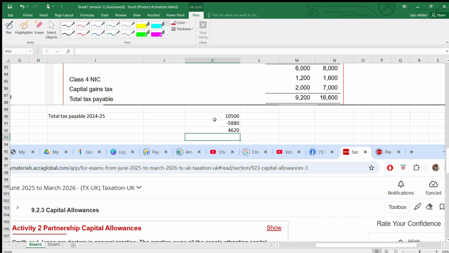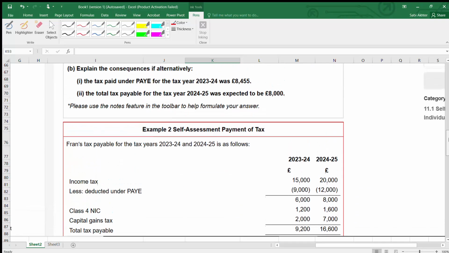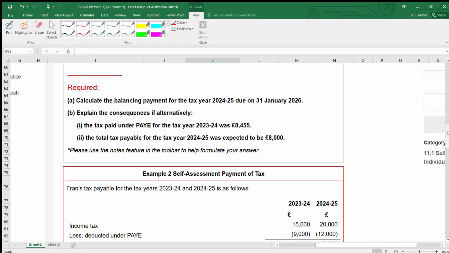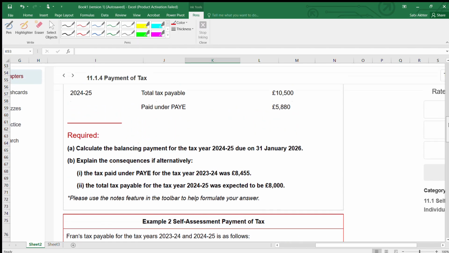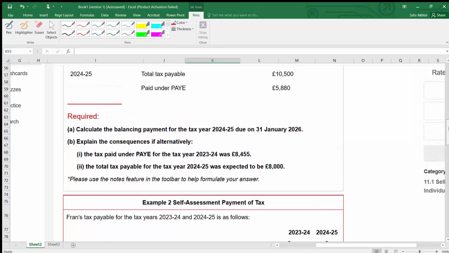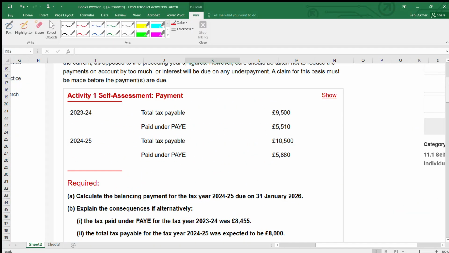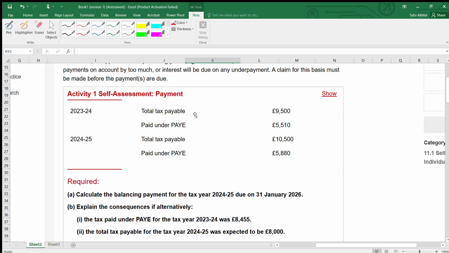Now you need to find the payment on account, to find the balancing payment. Remember, what did they tell about the payment on account? To see whether payment on account is required or not, you have to do two things. One, is the amount in the previous year less than 1000 or not. If you see 23-24, the total tax payable is 9500, not less than 1000.